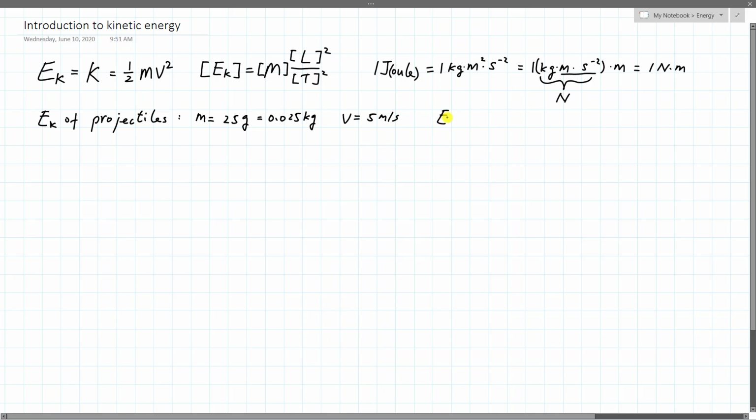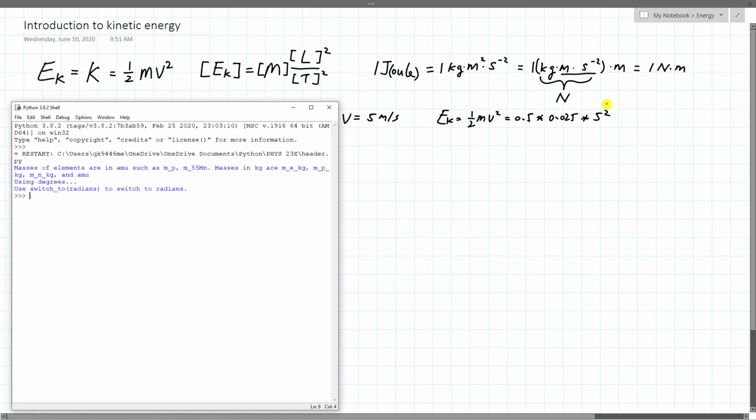So how much kinetic energy does an object like this have? Let's calculate 1/2 mv squared. This is 0.5 times 0.025 times 5 squared. Let's use our calculator. Okay, we have a fraction of a joule, 0.3125.